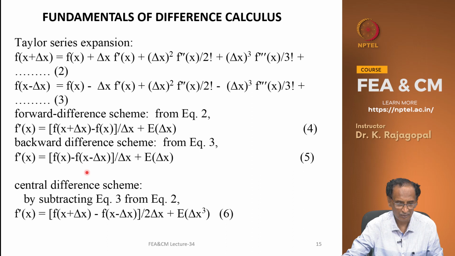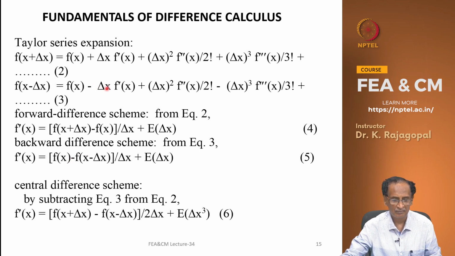Whereas if you look at the backward difference scheme, it is also the same. By looking at this, we can write f prime of x is f of x minus f of x minus delta x by delta x.